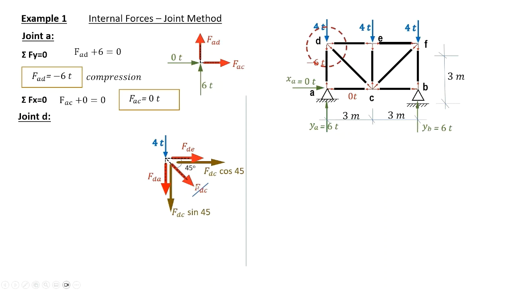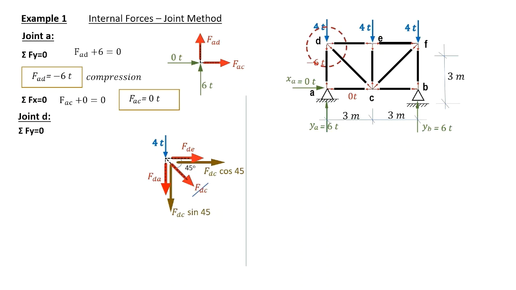Note that FDC, or the member DC, makes an angle 45 with the horizontal. So we have a horizontal component FDC cosine the angle, and a vertical component FDC sine the angle 45 degrees.